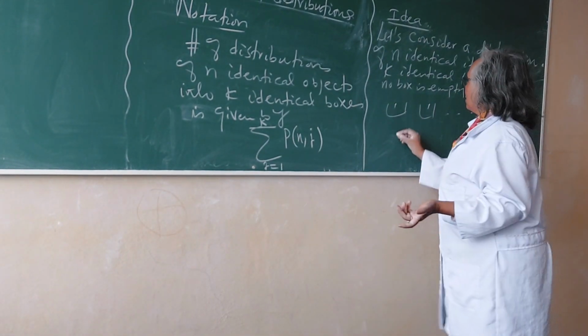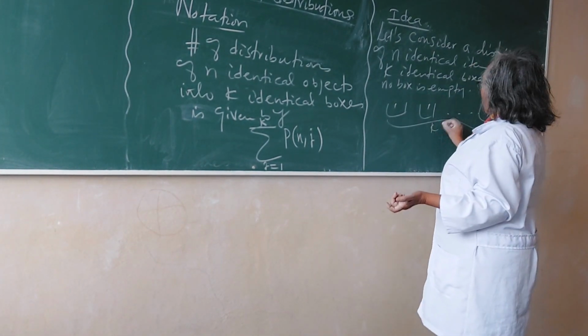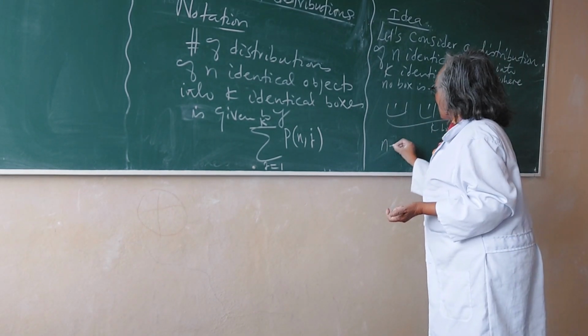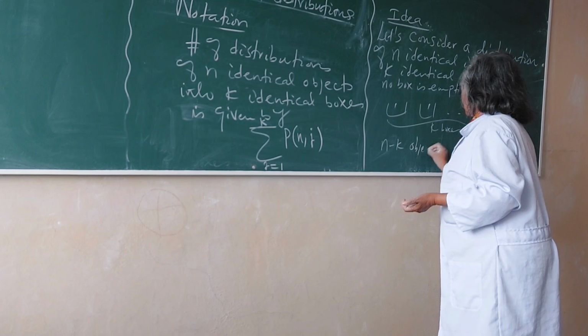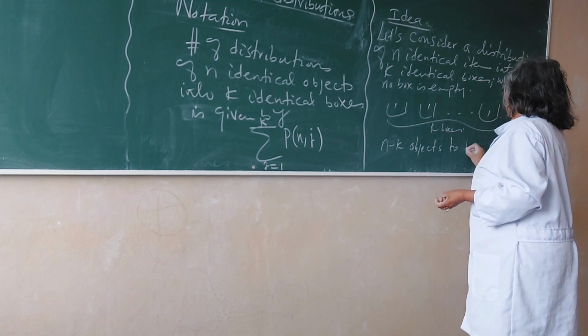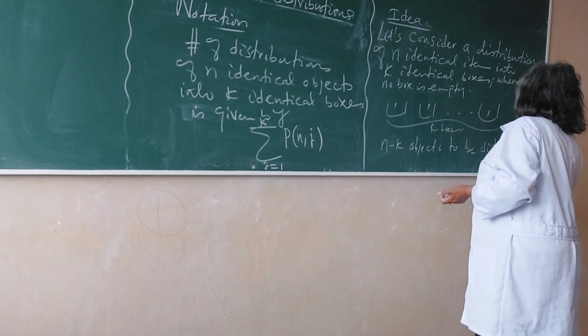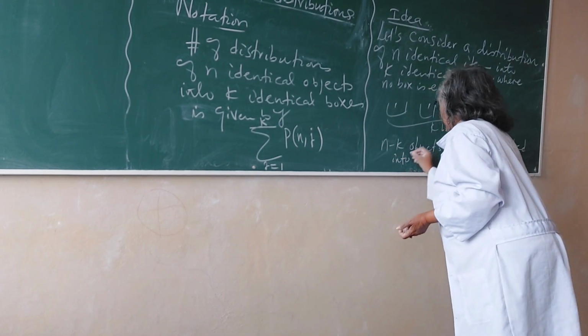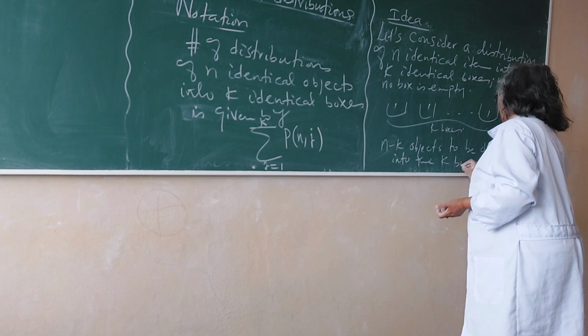Therefore, once I have distributed this into k boxes, I'll be left with n minus k objects to be distributed into the k boxes.